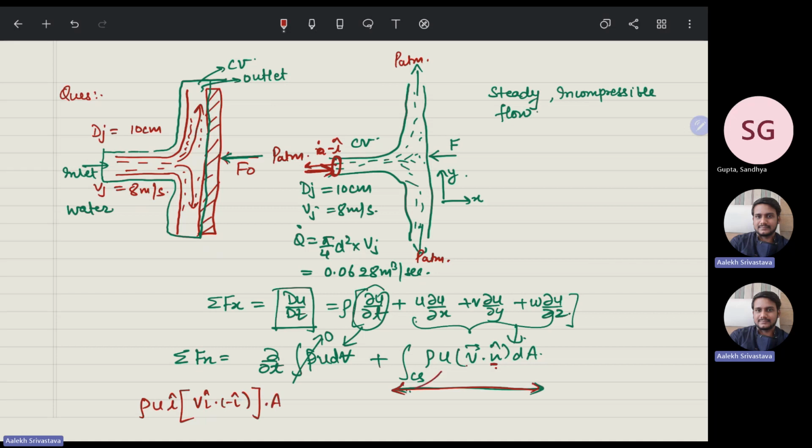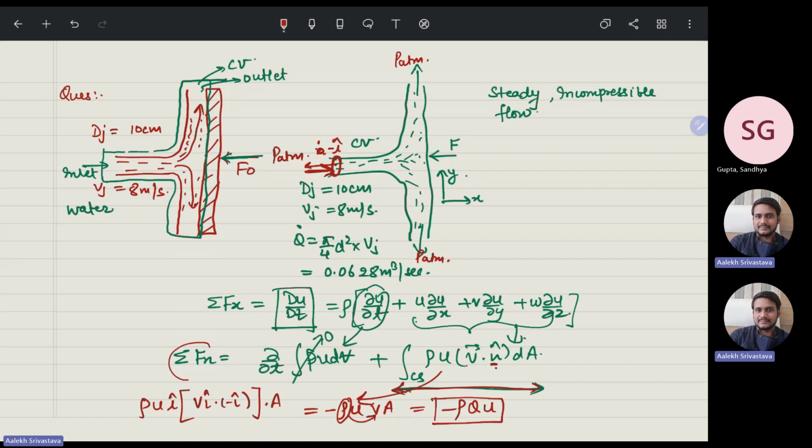This is the expression for the inlet, and there is no outlet, so the outlet term will be 0. So it will be minus rho u V into A. Now rho V A is rho Q, so it is minus rho Q into the velocity.